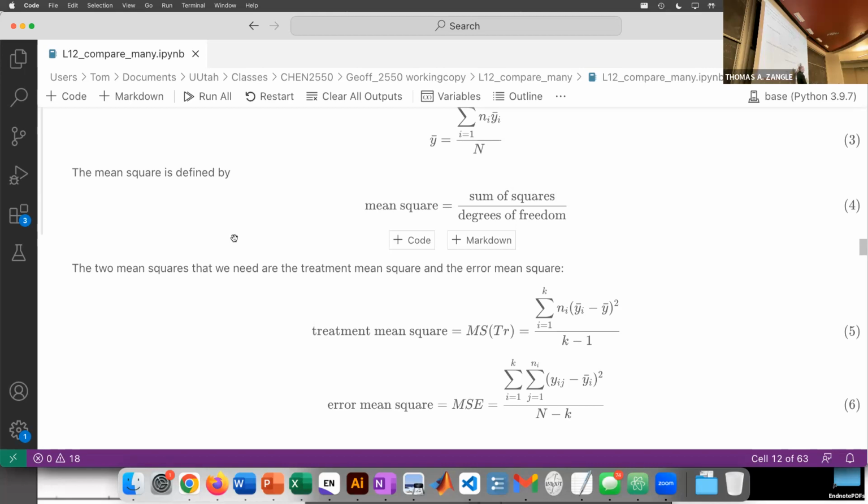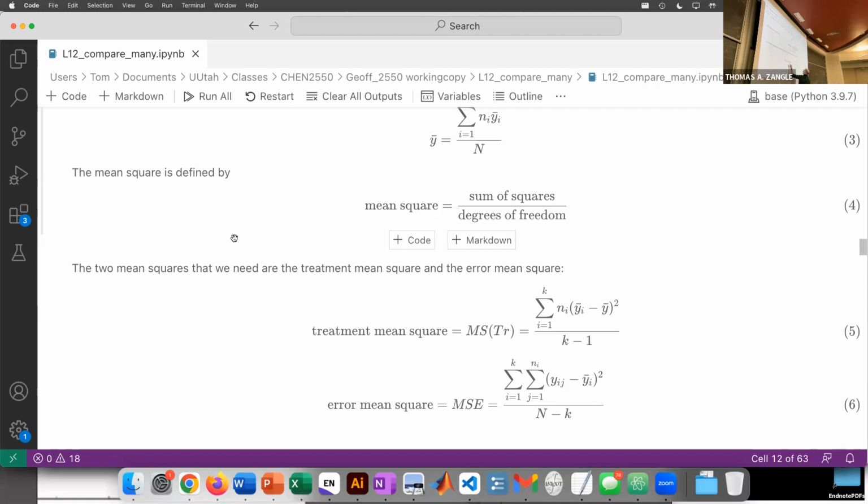So this treatment mean square is telling us something about how different the mean of each group is from the overall mean, or the grand mean. Does that make sense? The grand mean is the overall mean of all of the observations. Remember this y bar with no subscript: that's if we were to throw out the sample labels and compute the mean of all of the observations. So we compute the overall mean of all of the on-base percentages that we observed, irrespective of which position the player was in, and that's our y bar.